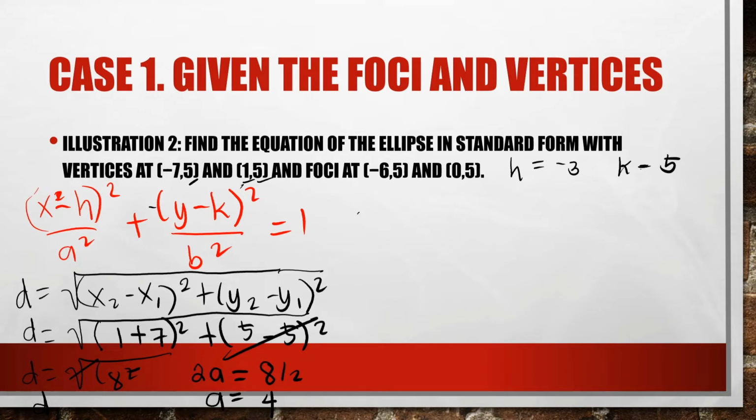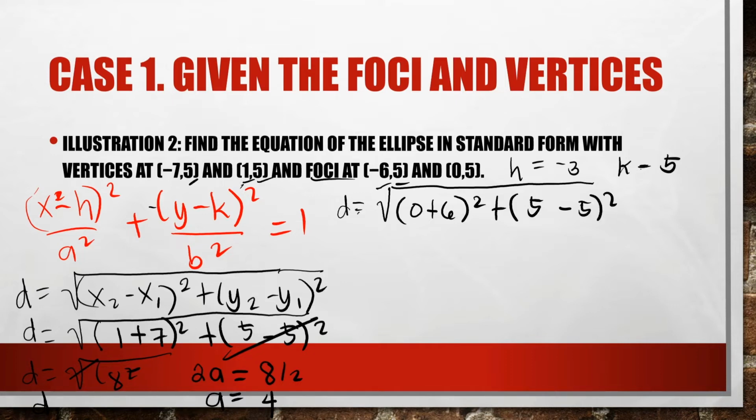And then, to find the c, given naman yung foci ulit, distance formula lang. d is equal to x sub 2, 0 minus negative 6, so magiging positive 6 squared plus y sub 2, 5, minus y sub 1, which is 5 ulit, squared.